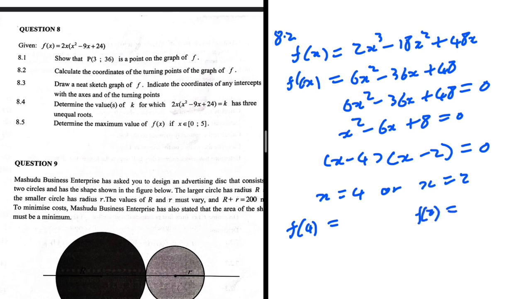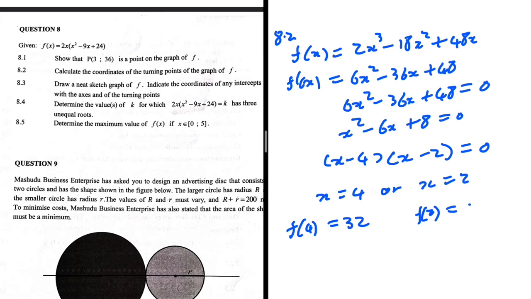So f of 4: 2 times 4 to the power 3 minus 18 times 4 squared plus 48 times 4. Here I'm getting 32. And then what about f of 2? For f of 2, we substitute in 2 throughout. So let me just replace 4 with 2 and see what we end up with.